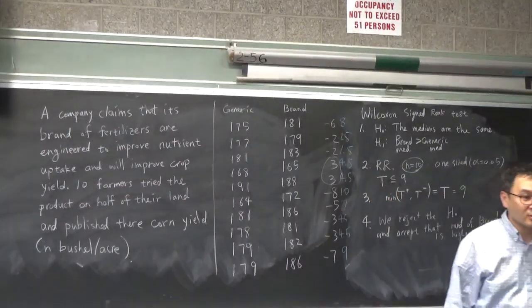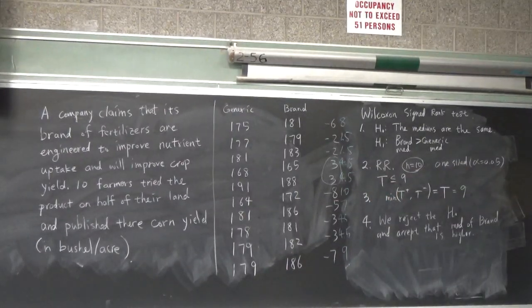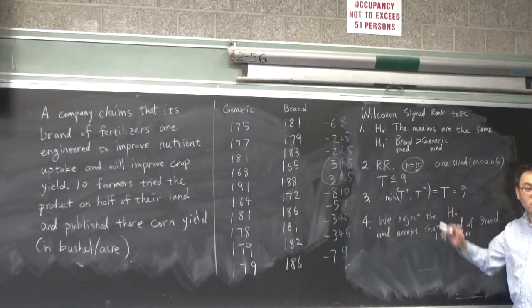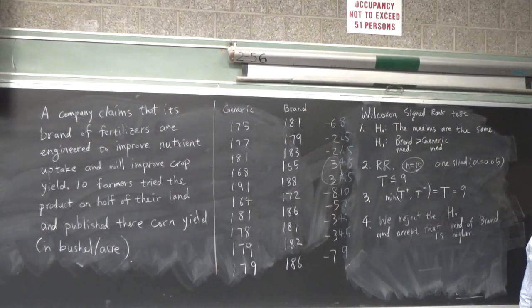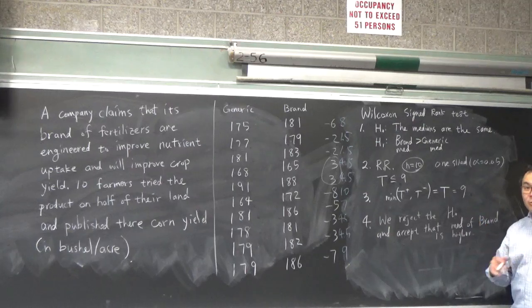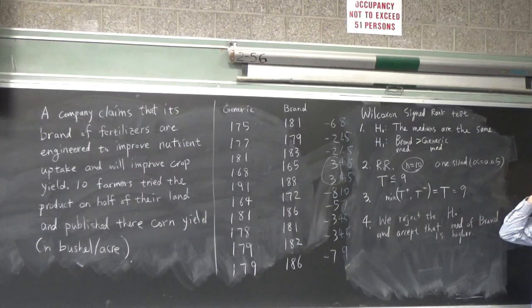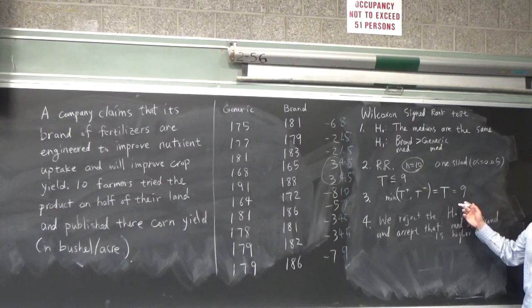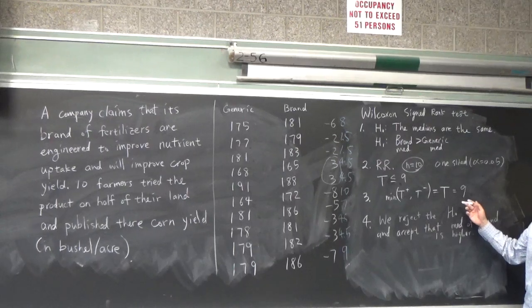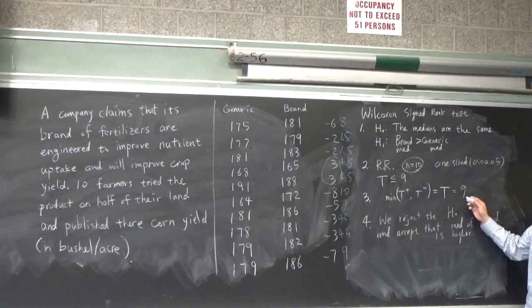Yes? So for step 3, you just take whichever one is lower and compare that to... Yeah, minimum means you just take whichever is lower. There is, however, one thing. Thank you for asking that question, because I forgot to say one thing. Now, because this one it's not negative for one-sided tests or plus.